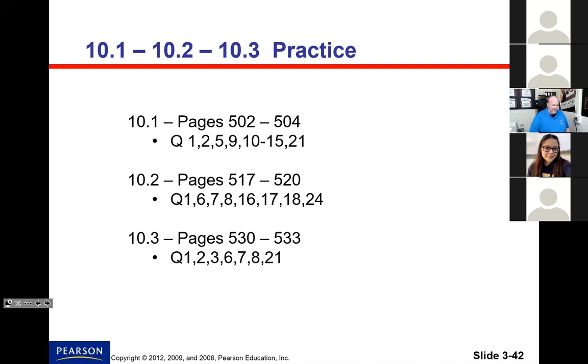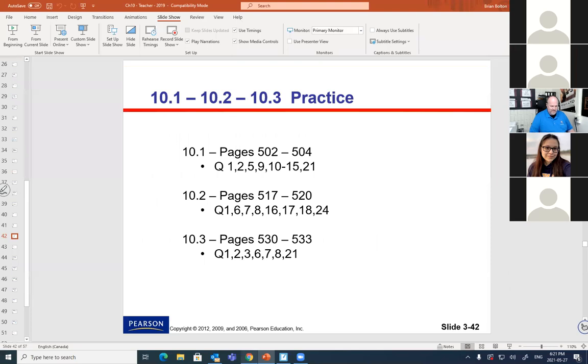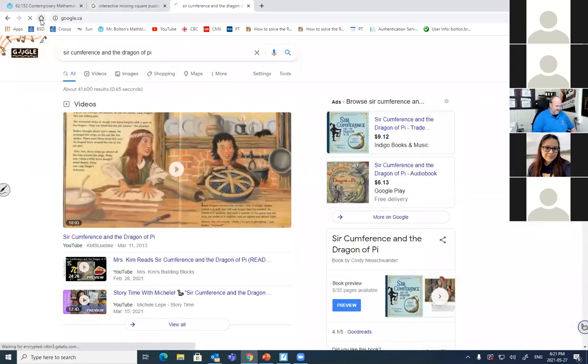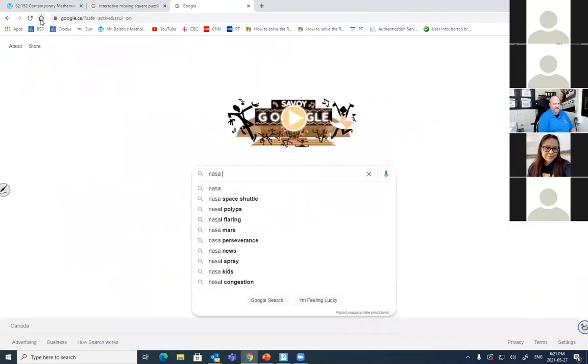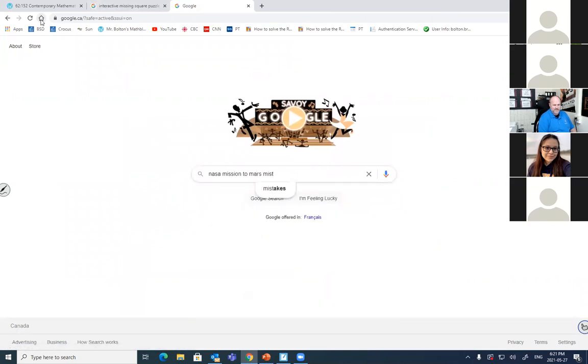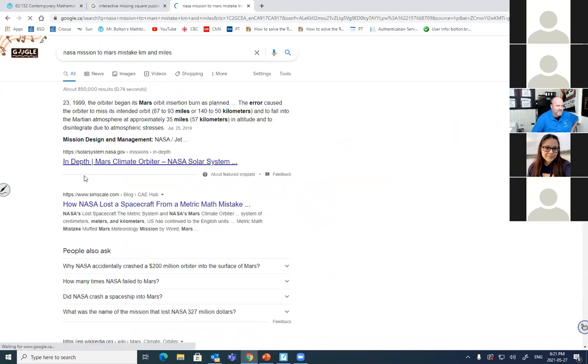All right, let me try to find that article. NASA mission to Mars, mistake, km and miles. I think that will do it. There it is.